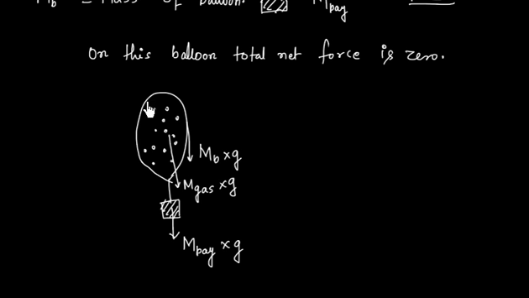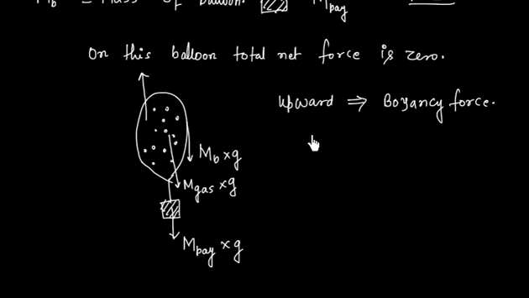There will be an upward force in this direction, and this is buoyancy. So upward we will have the buoyancy force. And this force is equal to the weight of air that is removed by this balloon.